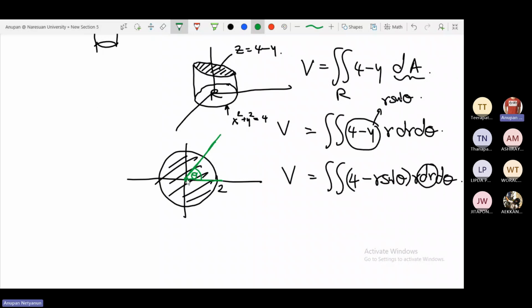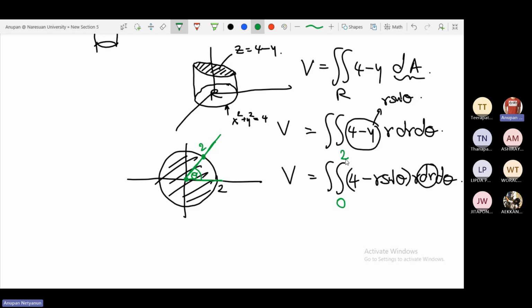And the radius, your r, runs from this point to this point, which is from r equal to 0 to this r, which is on the circle of radius 2. So r is equal to 2. Okay? So the running number for r is from 0 to 2.